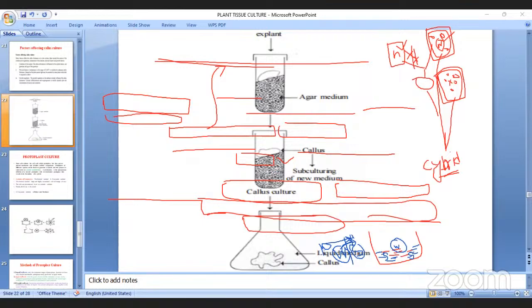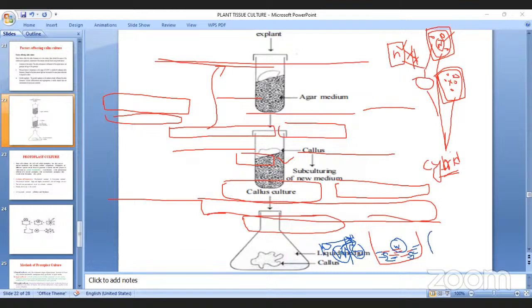In this diagram, where is low concentration? Inside the cell. High concentration is inside the beaker, right? Now water flows from the cell to the outside. What happens if the water moves out?